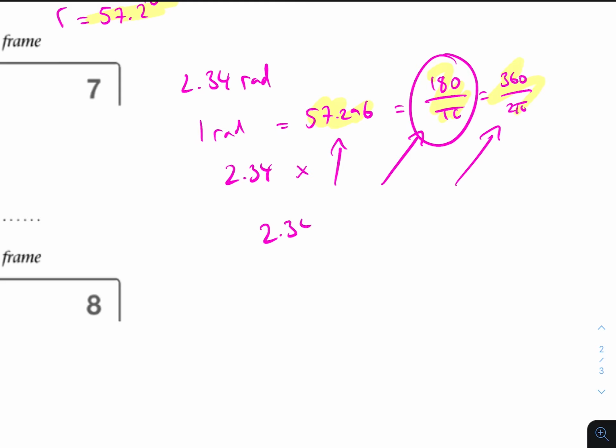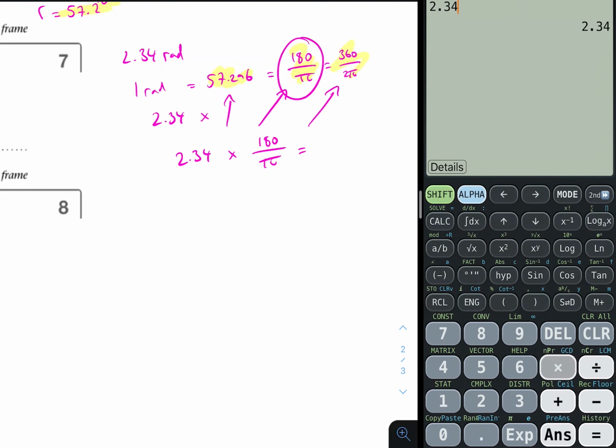So 2.34 times 180 divided by pi is equal to 134.072, or to round it up, 134.1, right?